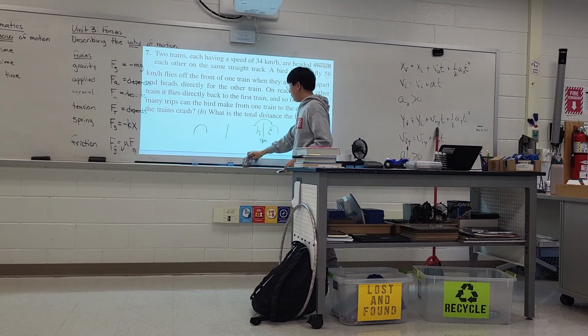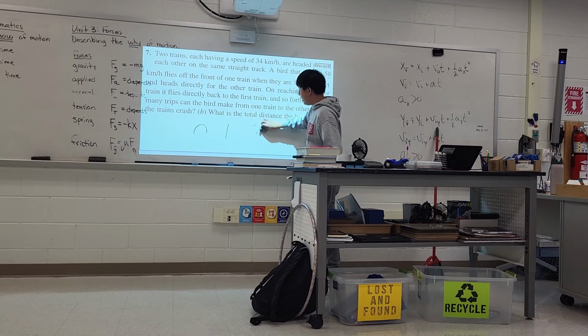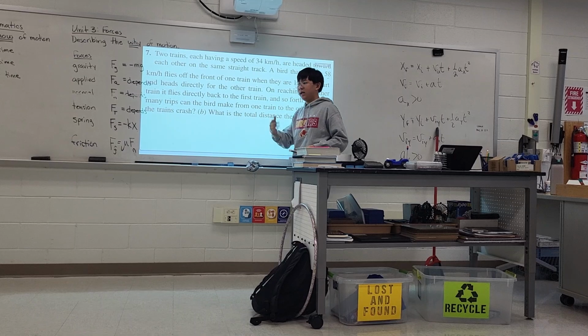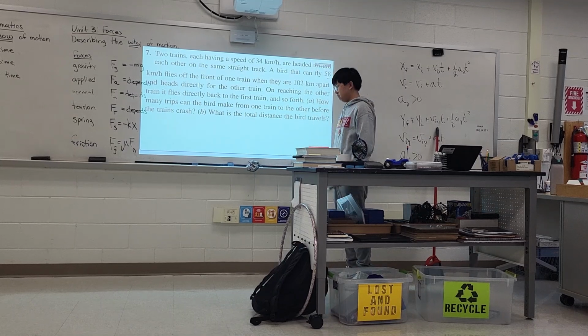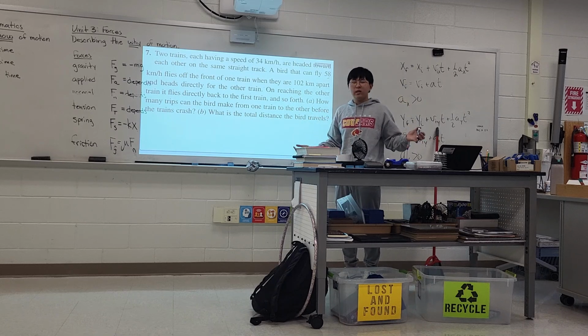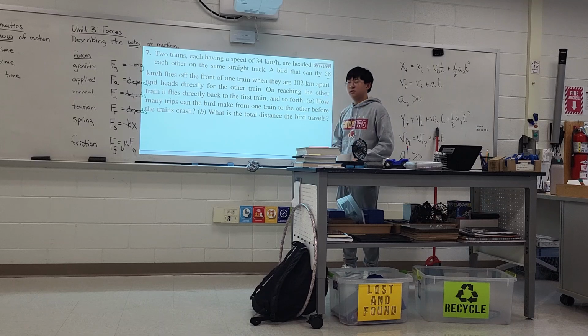Basically it means that the bird travels for an infinite amount of time, right? Because the bird is always playing a catch-up game that he can never win. Is there no definite answer? Definite answer? It's infinity, basically. Logically, it's infinity. It's theoretical. But in real life, the bird can't travel 58 kilometers per hour, and the trains are always going to hit each other, right?